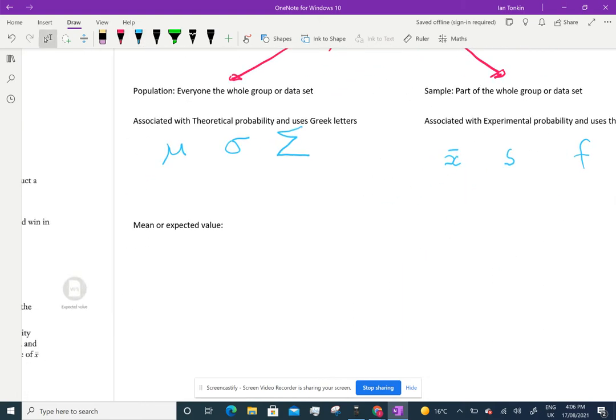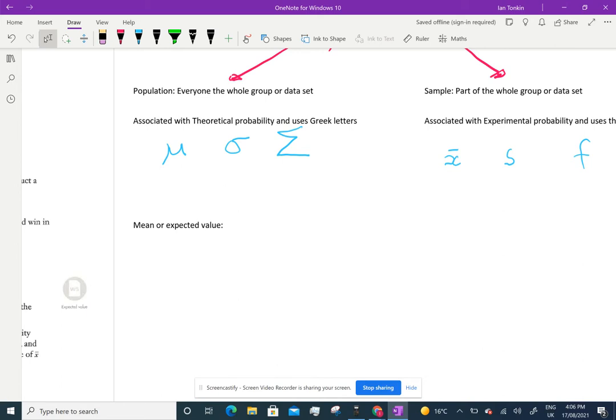Now, the mean or expected value. Because we're doing probability distribution tables, I'm going to do an example in a minute, we need to calculate the mean or expected value, what you expect to get. So, for example, when you roll a die, what do you expect to get? What would be the average? Which is the mean.